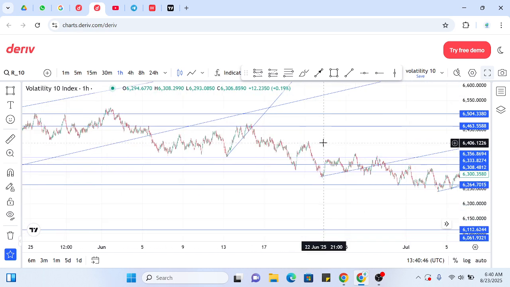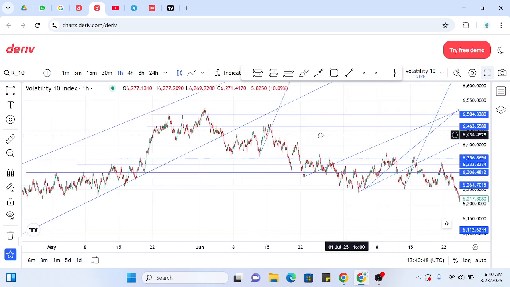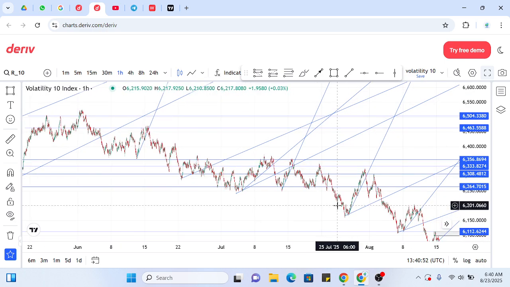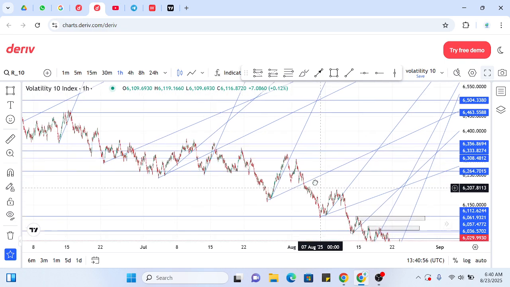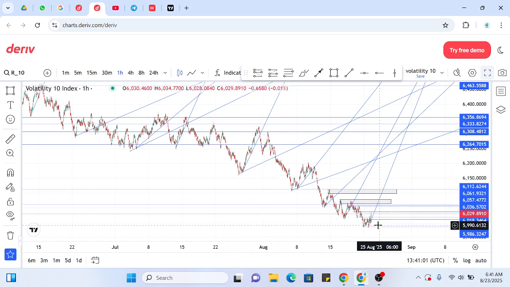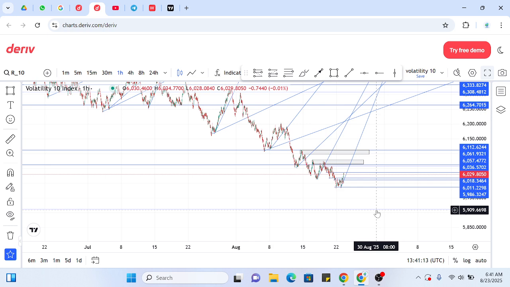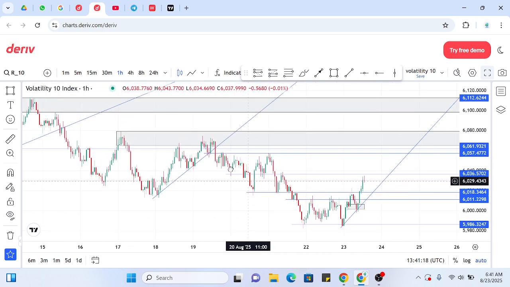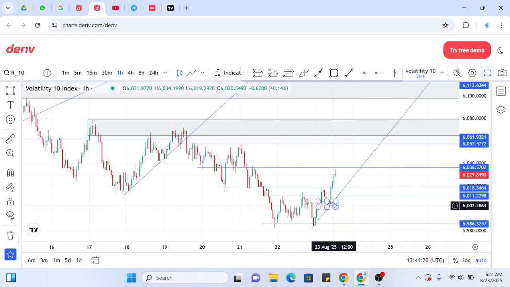But I don't use only trend line, I add other stuff, using our ceilings, our floors, and all of these things. So in confluence with trend line, we are just waiting for price to give us a good confirmation of a break. We make our entry, and then we hold till price drops either to this point or to this point, based on our overall view. So that is what we have for the volatility 10 index.